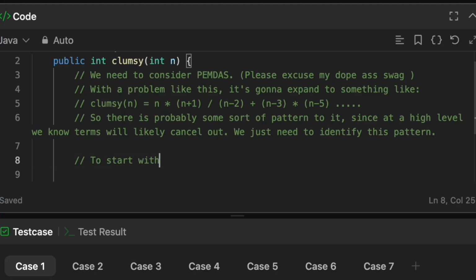I'm just not quite sure what it will look like, but this leads me to believe that it's going to be a dynamic programming style solution.